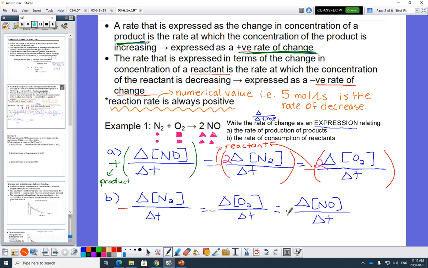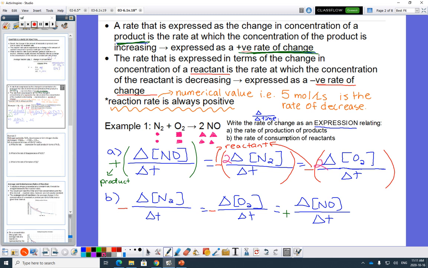Products are still produced. I'm going to leave the brackets out this time just for clarity, so it doesn't get so crowded. Lots of times this way actually makes more sense to students. I don't know why. So if you like this, do this. If you like this, do this. I don't care. Start with the reactants if you want. Maybe it's because that's the way you're used to thinking of a reaction. It doesn't matter.